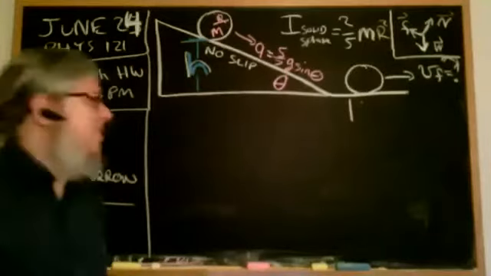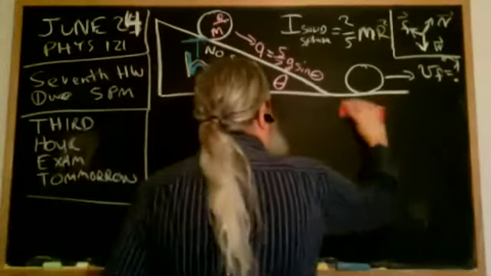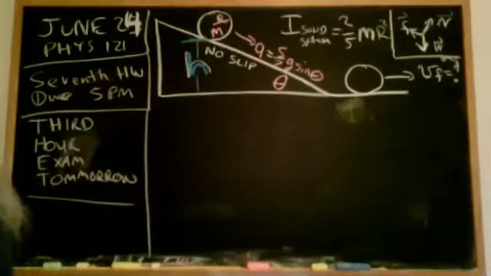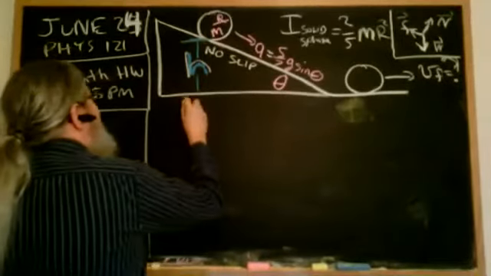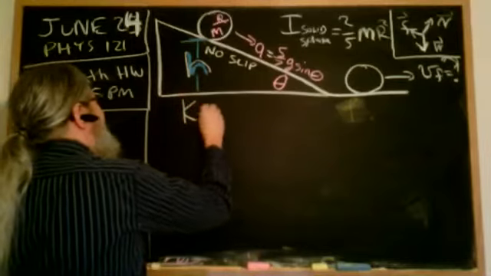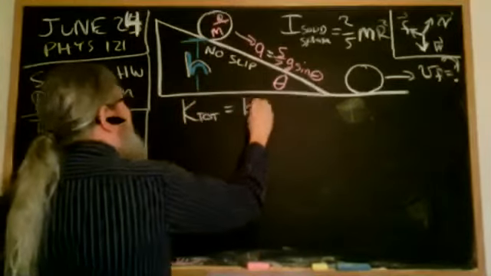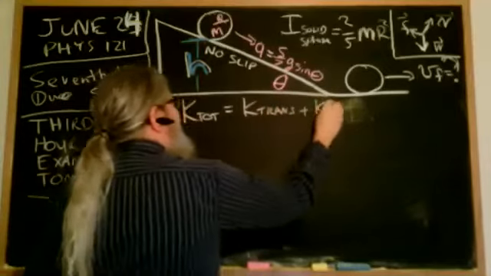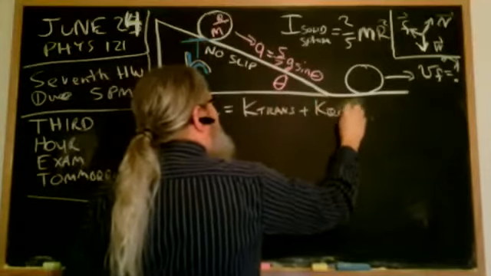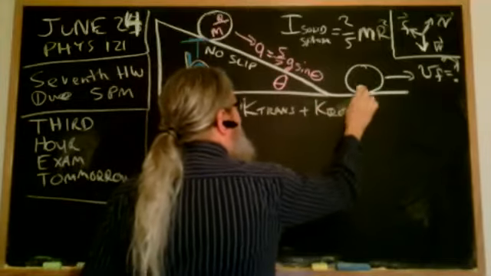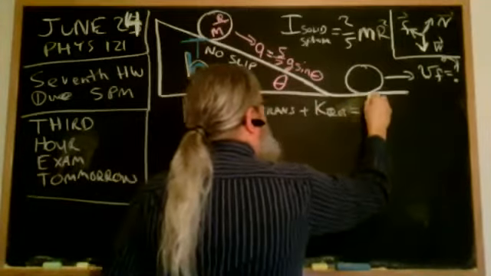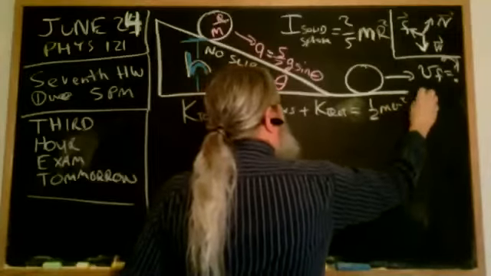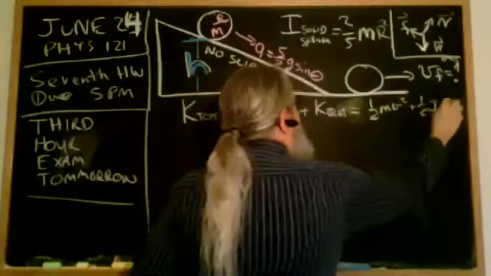So we're going to basically keep a notion of rotational energy. Let me write this out in longhand. I've got the total kinetic energy, which I wrote last time, equal to the translational kinetic energy plus the rotational, which I'll call K rot, equal to 1/2 mv squared plus 1/2 I omega squared.